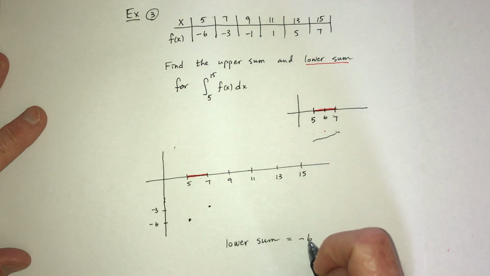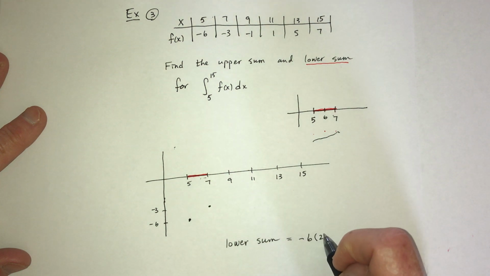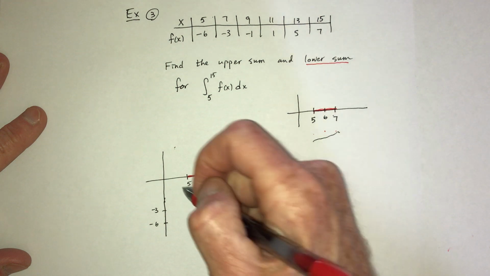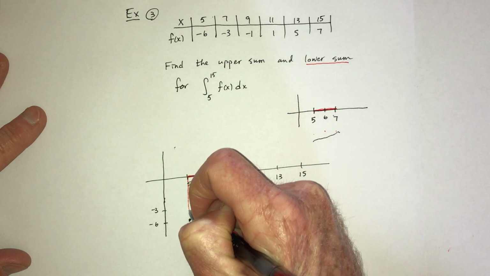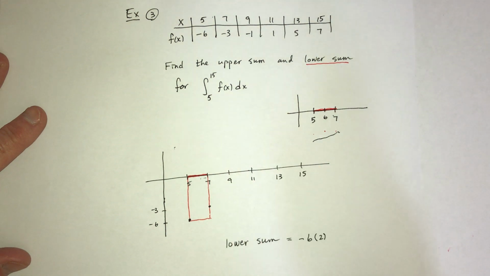So it's going to be -6 times the width, which is 2. That basically means we're using this rectangle right here to estimate the area between the function and the x-axis.